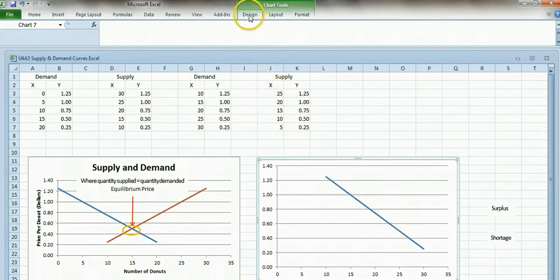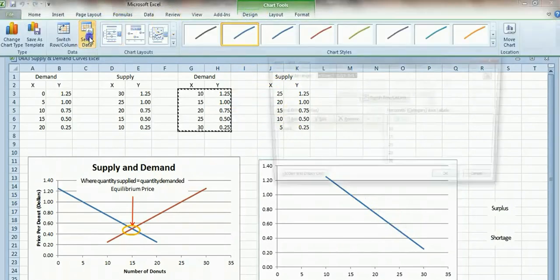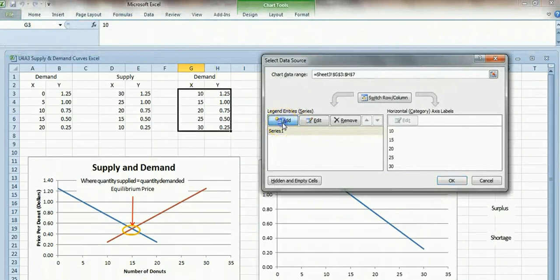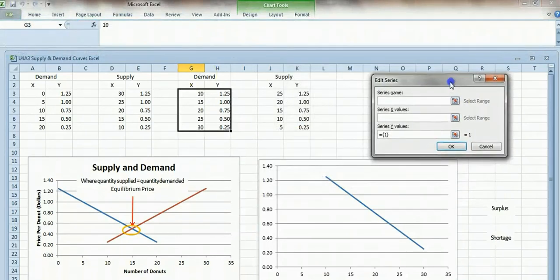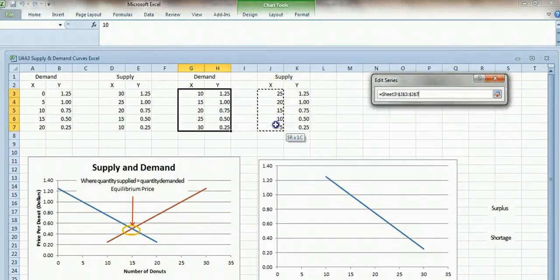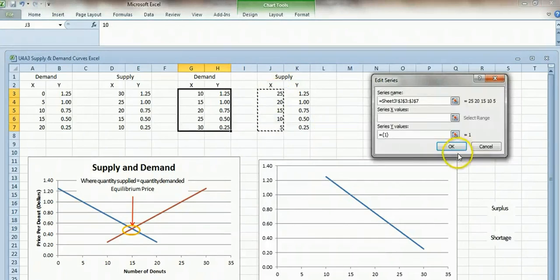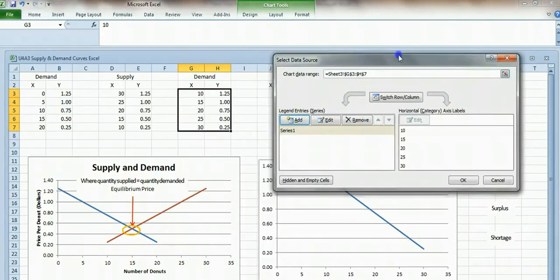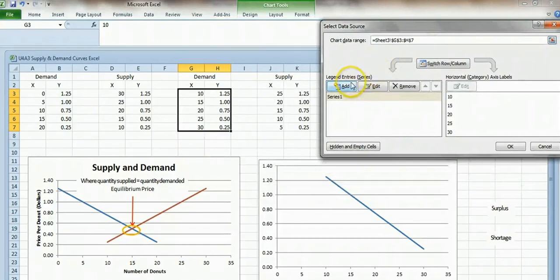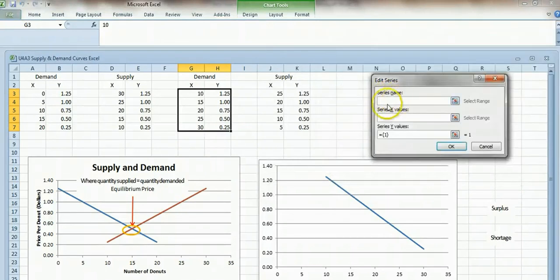So to do that, I'm going to go into design, select data, add, and I capture my X right here, the units of supply, and I've actually put them in the wrong location, so let me just get out of that and go into add again. And again, I don't need the series name.